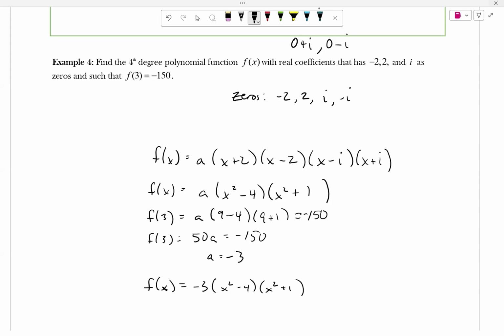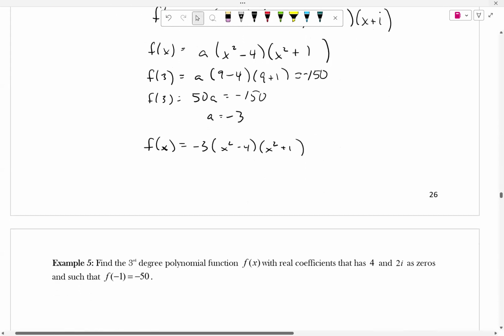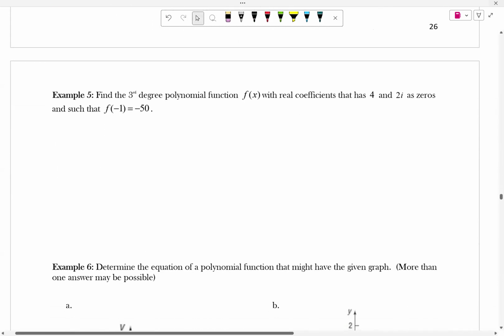This is an A that does not affect the factors. Multiply out any of the conjugates, simplify it by the order, plug in the 3 to figure out the A of -3, and here's that function. All the way. Oh, you have a question? And again, you may leave your answer in factored form as long as I don't see any imaginary numbers.